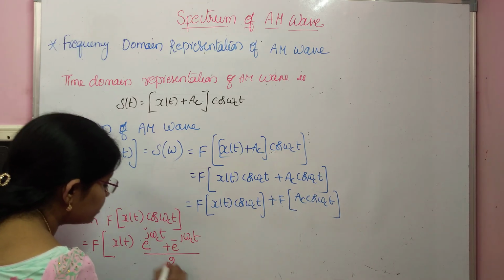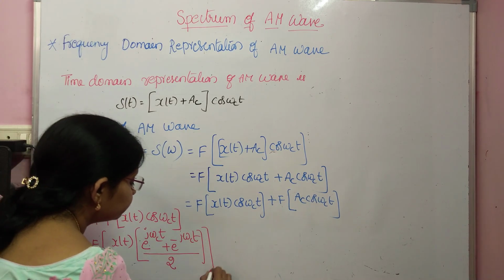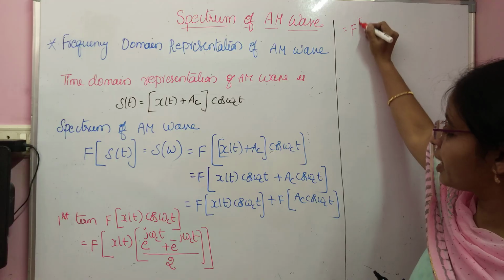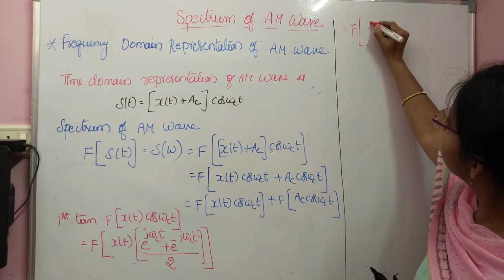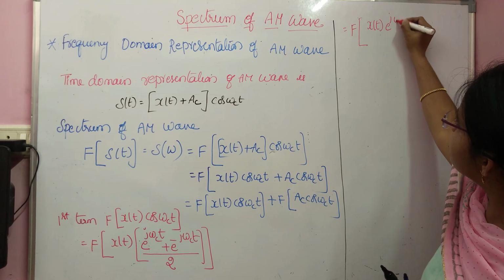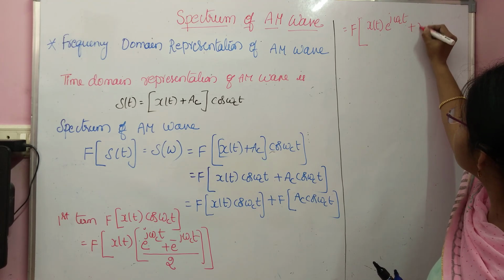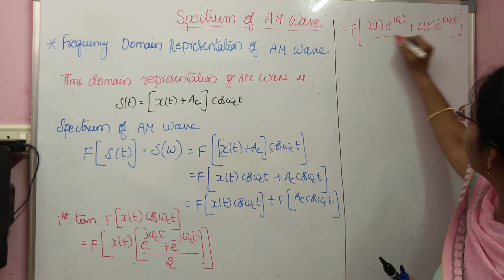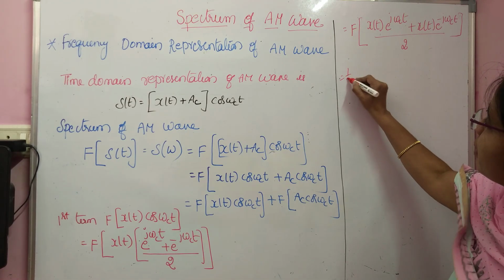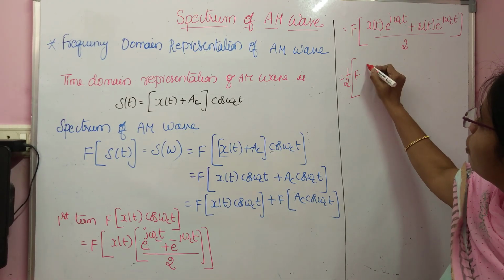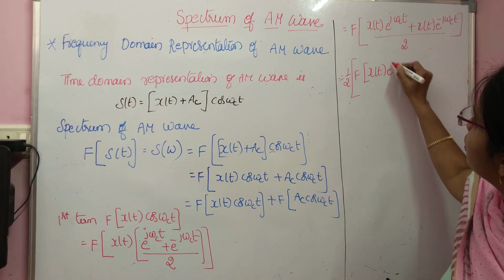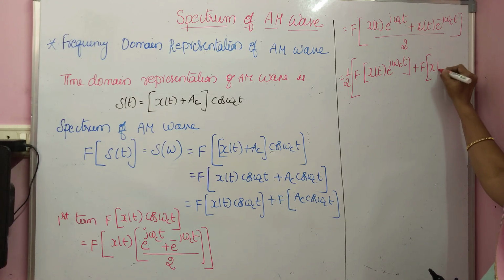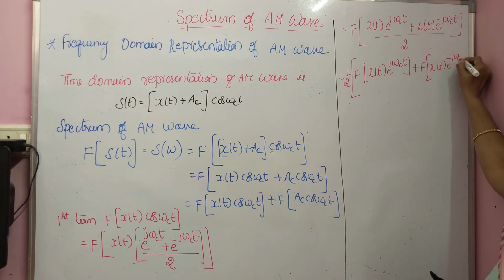That is the Fourier transform of [x(t) e^(jωc t) + x(t) e^(-jωc t)] by 2, that is, 1/2 of the Fourier transform of x(t) e^(jωc t) plus the Fourier transform of x(t) e^(-jωc t).